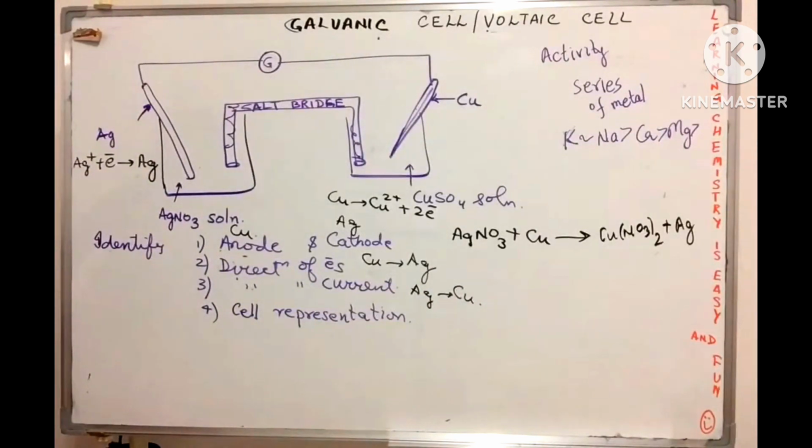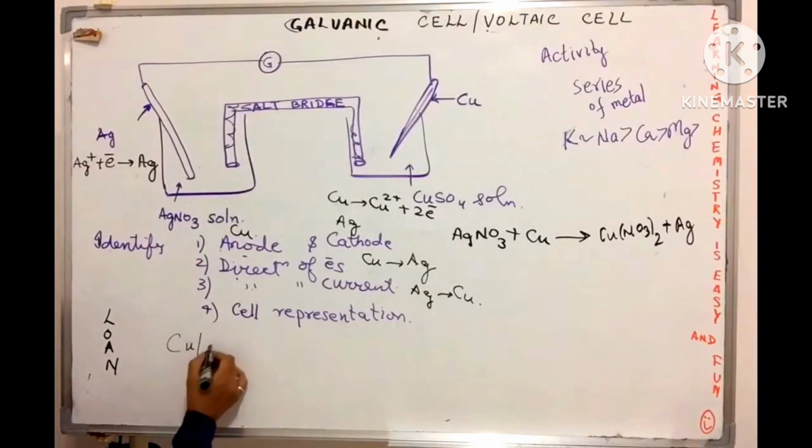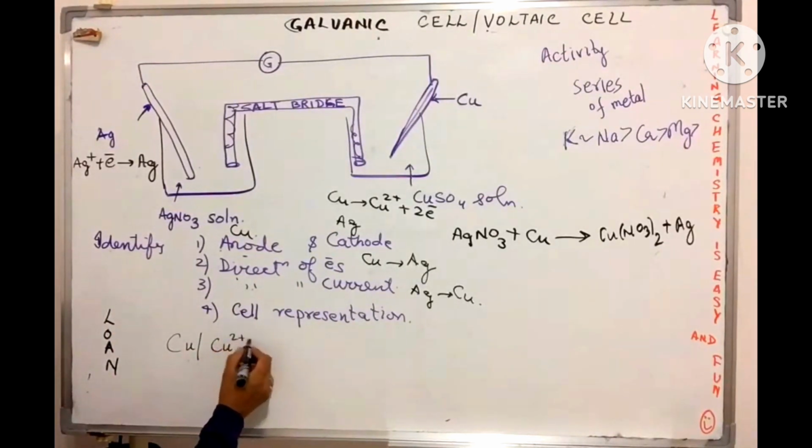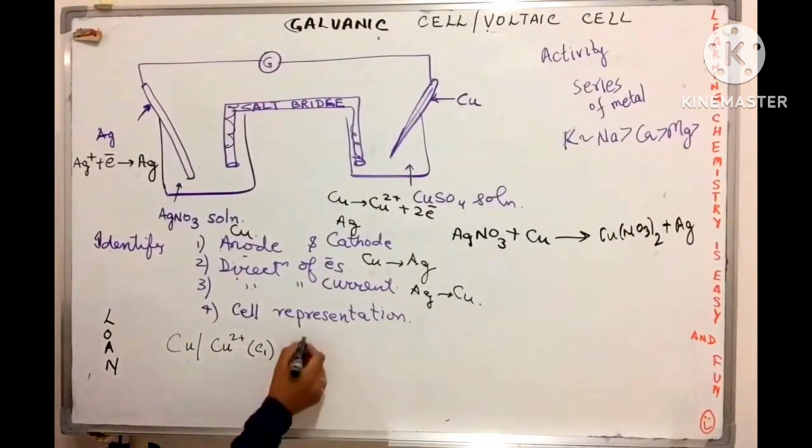Cell representation. Now where is oxidation taking place? LOAN. Left hand side I will write copper as the oxidation reaction. So my concentration is C1.